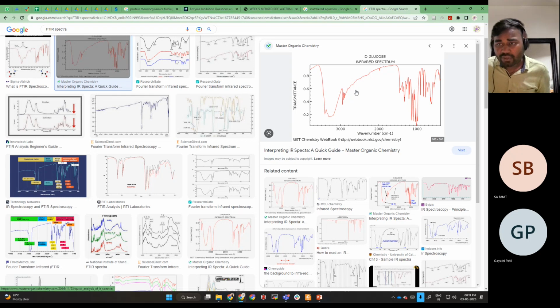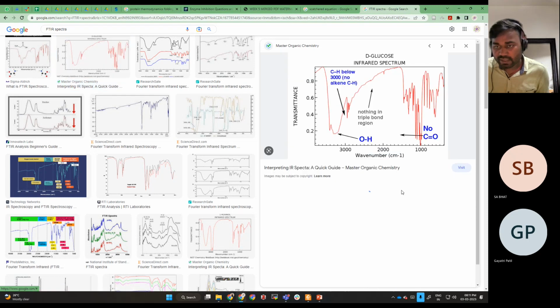So for your compound, which is glucose, you will analyze this kind of spectra. In the lower range, around 1400 wave number, it is kind of noisy. But in the higher range, the different bonds give you different peaks.